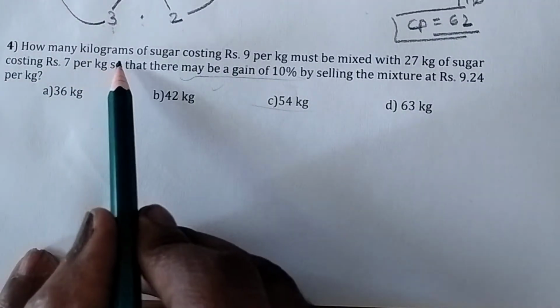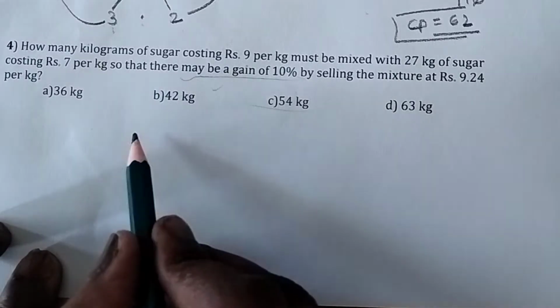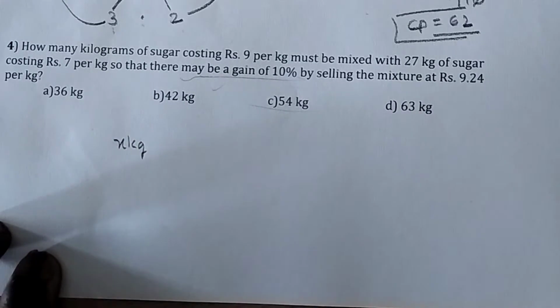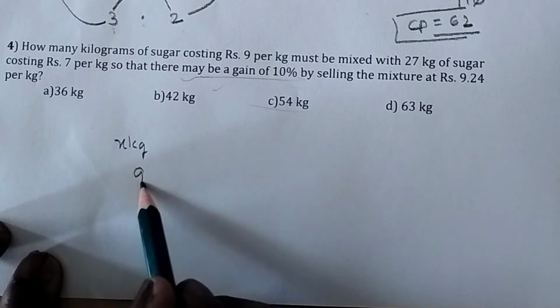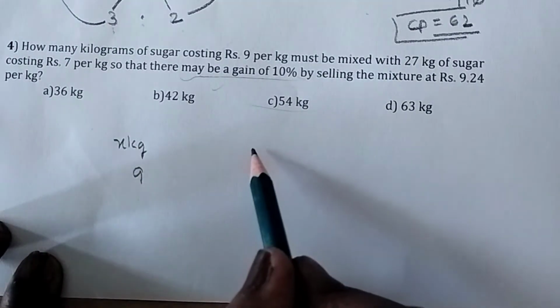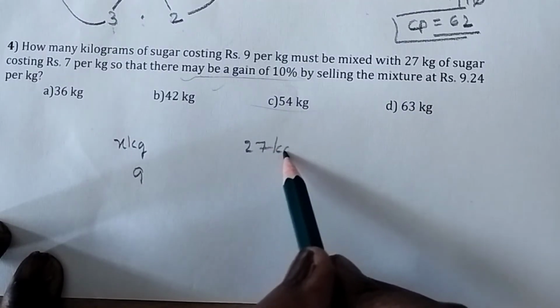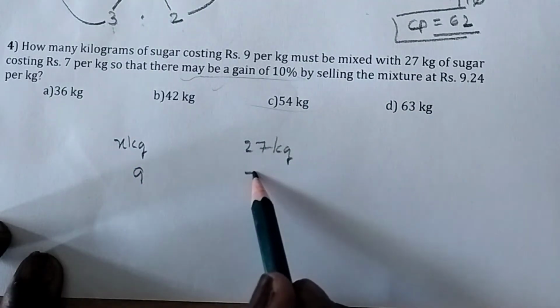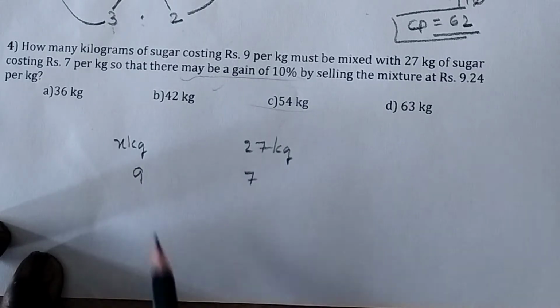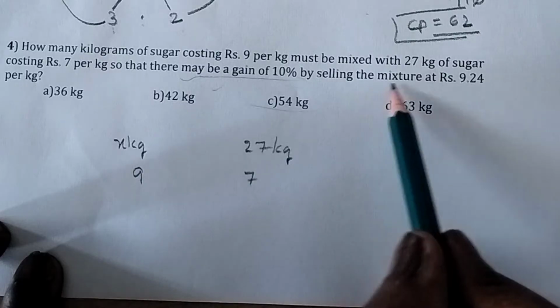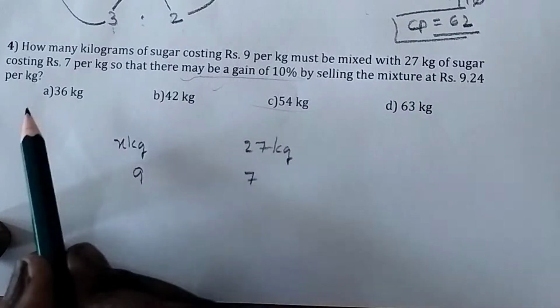How many kilograms of the sugar? That means x kilograms of the sugar, costing 9 rupees per kg, be mixed with 27 kilograms of the sugar, costing 7 rupees per kg, so that there by a gain of 10% by selling the mixture at 9.24 per kg.